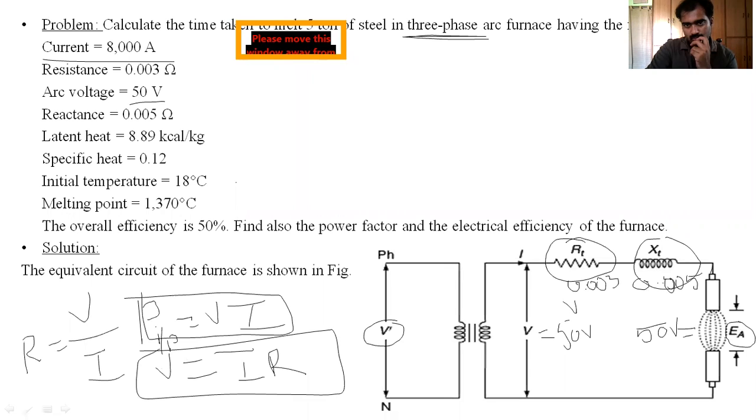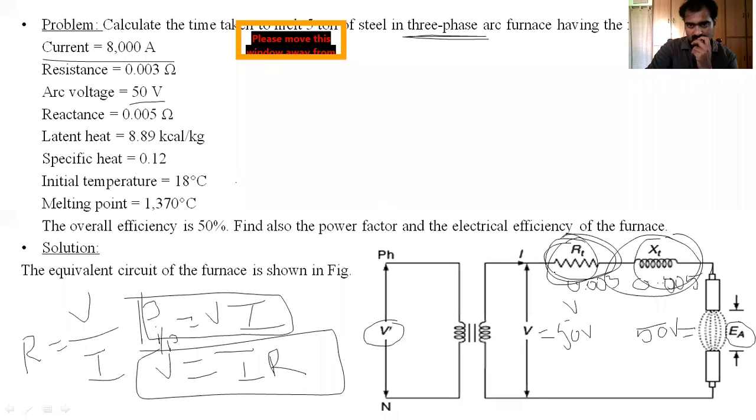The current passing through this element, multiplied by the resistance value, that is I into RT, gives the voltage drop across your resistance. In the same way, the current passes through this reactance, so I into XT gives your voltage drop across your reactance.